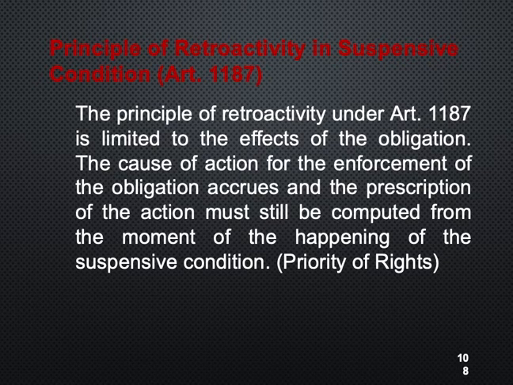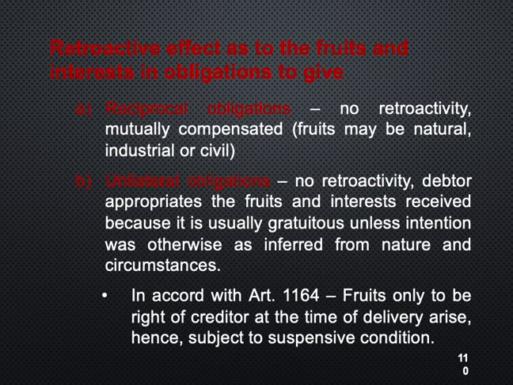Okay, so it deals with priority of rights. Retroactive effect as to the fruits and interests and obligations to give. So in reciprocal obligations, there's no retroactivity, mutually compensated, and fruits may be natural, industrial, or civil.